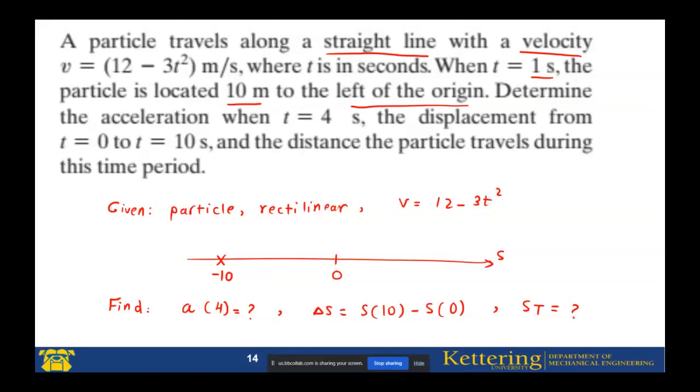Finding the acceleration is very easy. In my opinion, this is the easiest one that most of you, or all of you, can find. The challenging part is the two parts. First, find S, the position equation. You will see that velocity is given to you, but the S equation is not given to you.